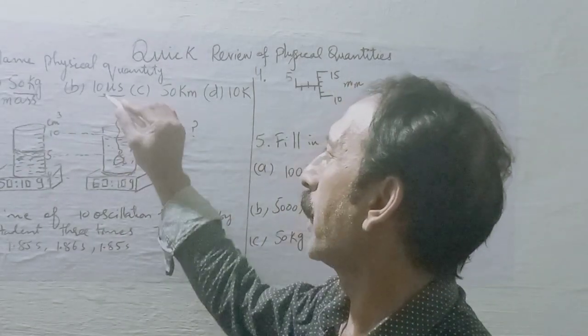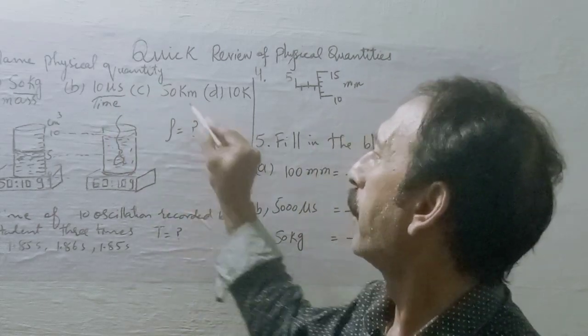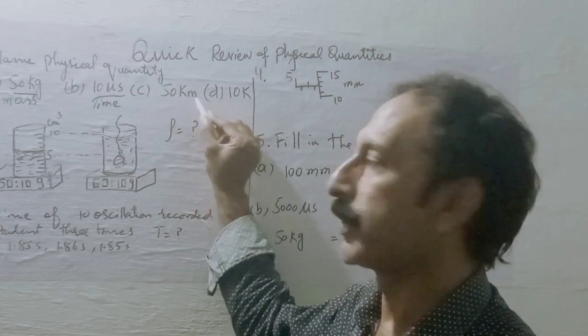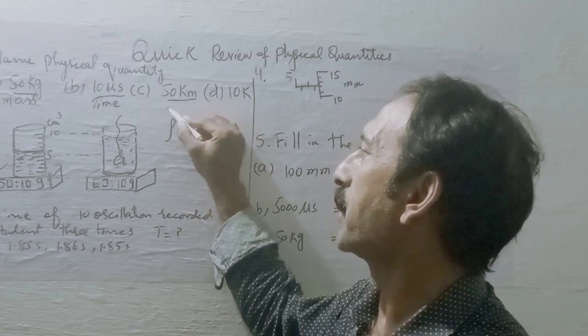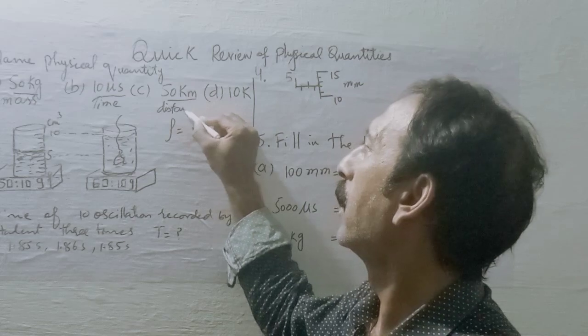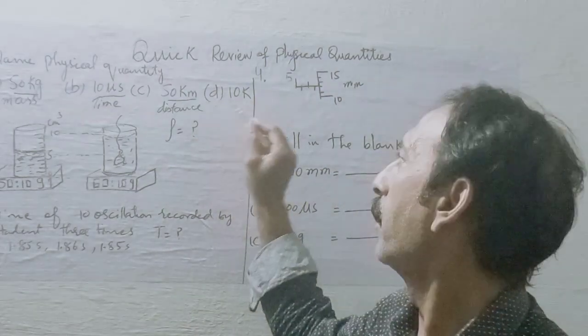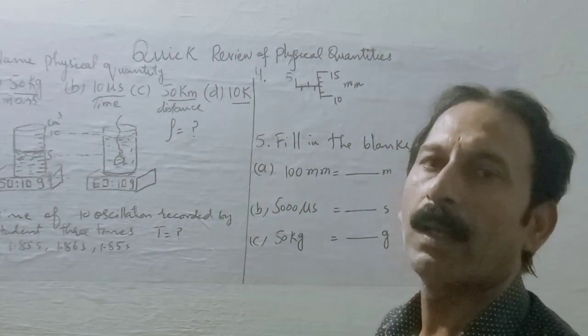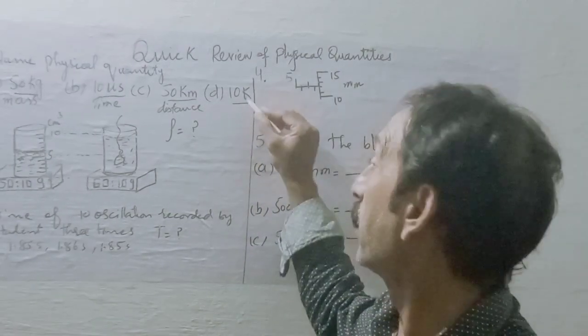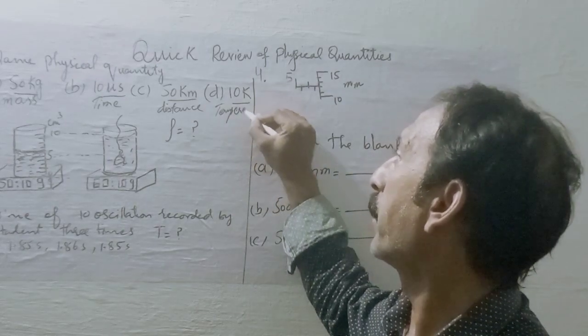So it is time. C part, 50 kilometers. That is the distance, length. Third, 10 K. It is temperature, meaning 10 Kelvin. So it is temperature.